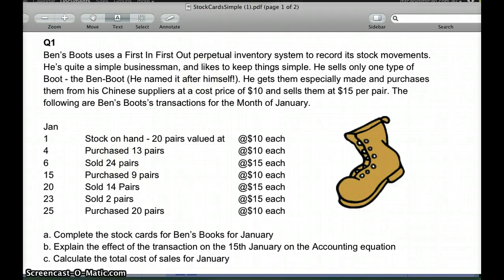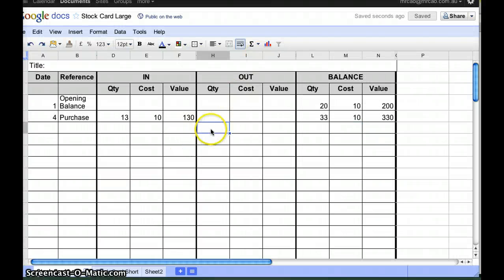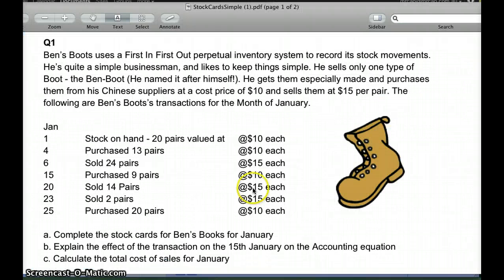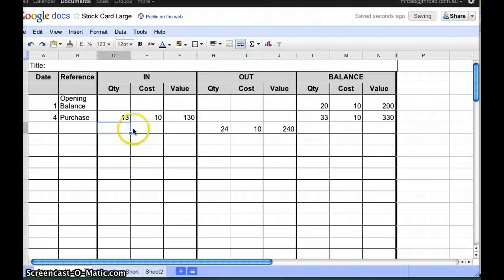So 24 pairs at $10, because originally we got them for $10 each, so 240. This was on the 6th of January, so on the 6th we made a sale.